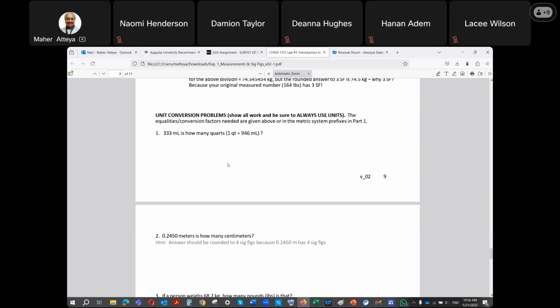It says convert 333 mLs to quarts. So we have to convert 333 milliliters to how many quarts. How can we start this? Well, always in mind: I have to cancel the units until I get the desired one. So what is the desired one here?